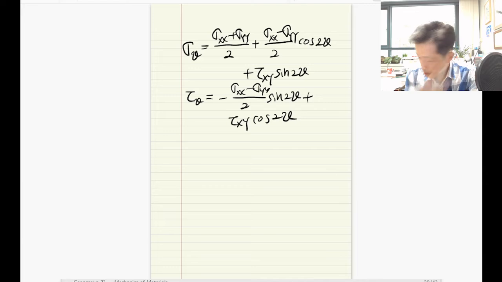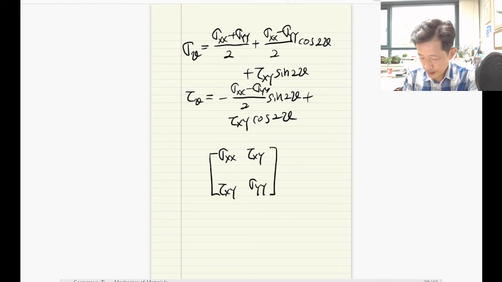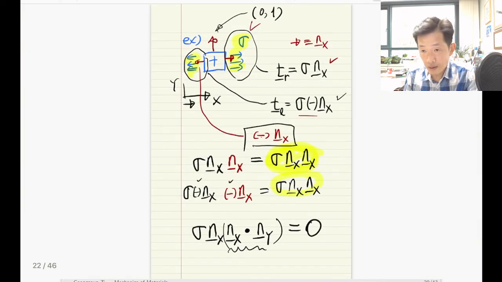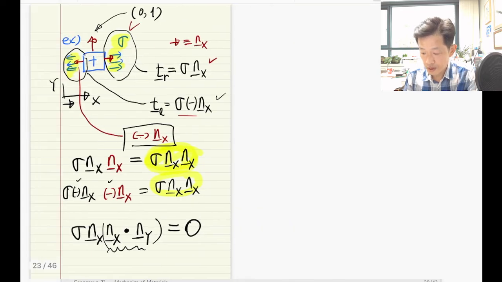Alright, so here we can do the same thing using the vector operation. Let's say I have the stress components sigma xx and tau xy, tau xy. You have to prepare this matrix here, and then let's put the normal, because look at this. To calculate the traction existing in a certain direction, we consider dot product, isn't it?